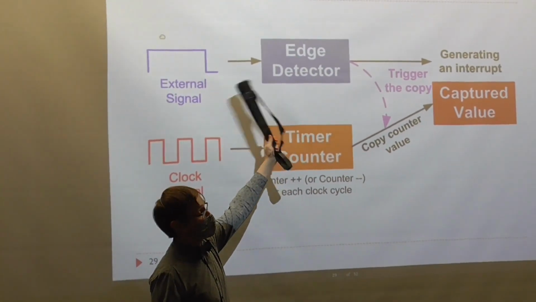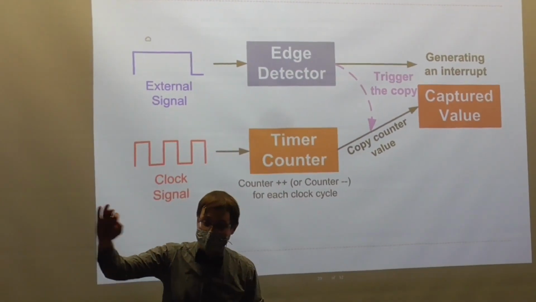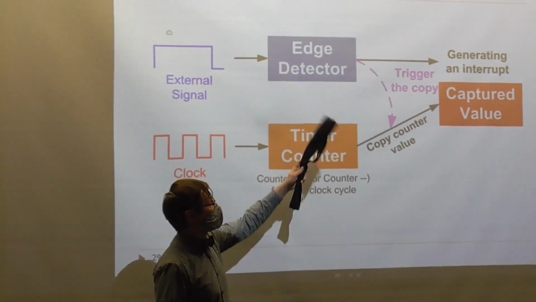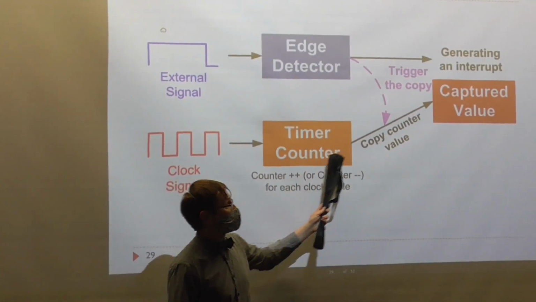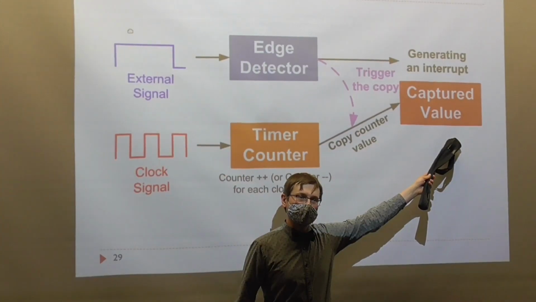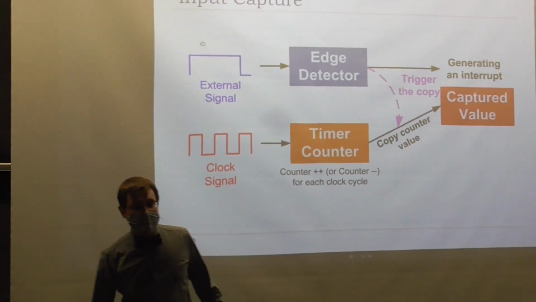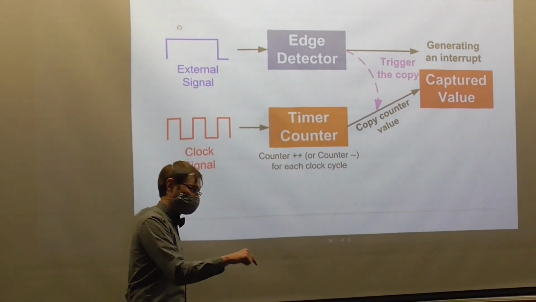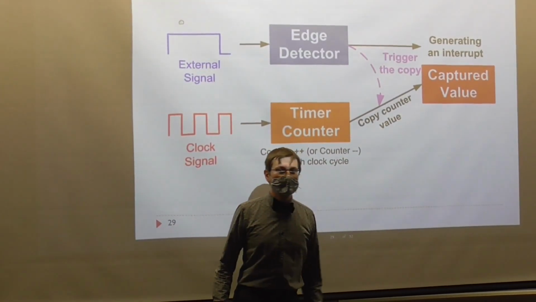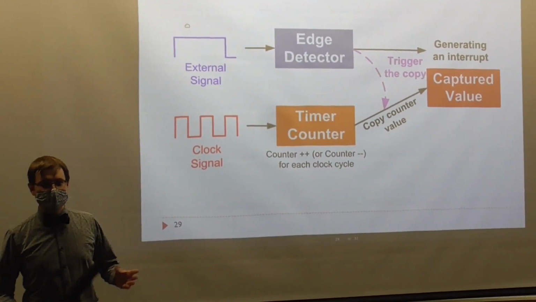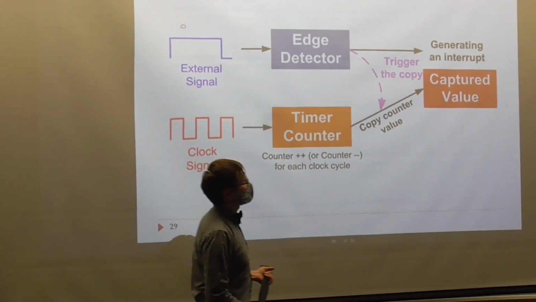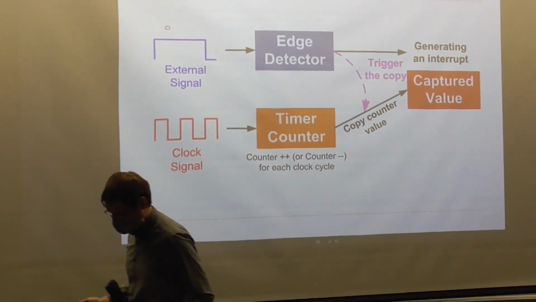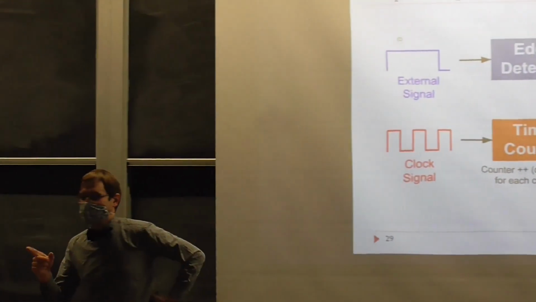The edge detector, when it detects the particular type of edge that you're waiting for, which is, of course, configurable, triggers the timer counter to be copied into CCR. It will also generate an interrupt, which lets the CPU know that there's a new valid piece of data in CCR. Again, we're going to talk about interrupts real quick. So yeah, there's only one CCR. Well, actually, no, that's a lie.